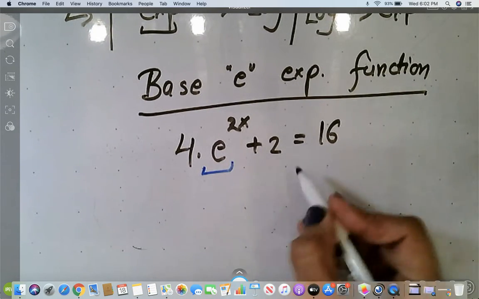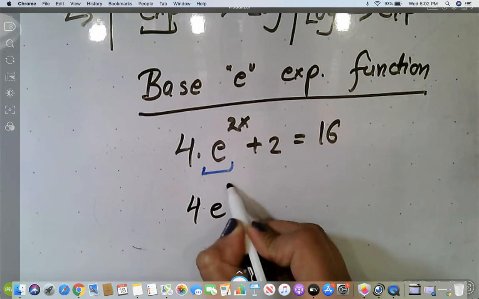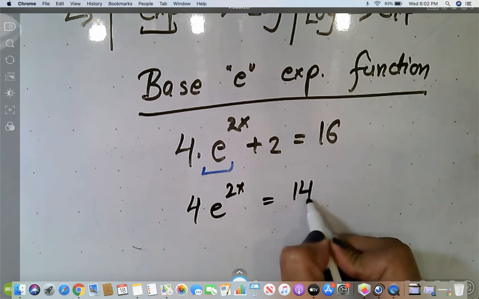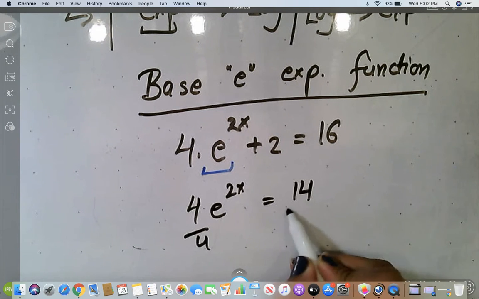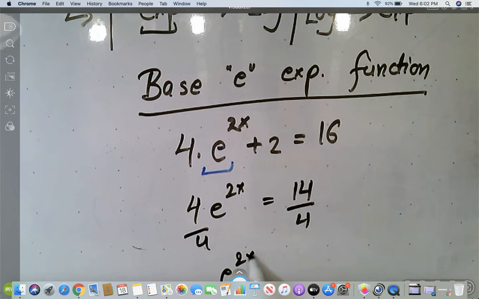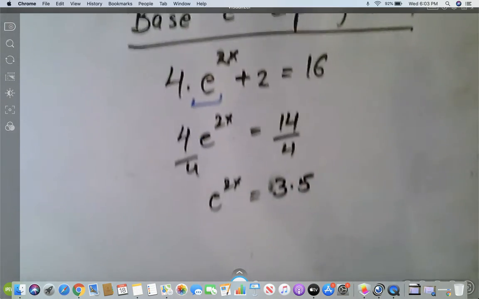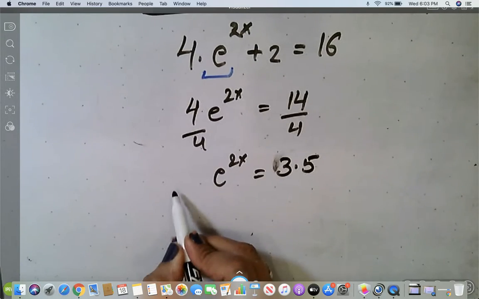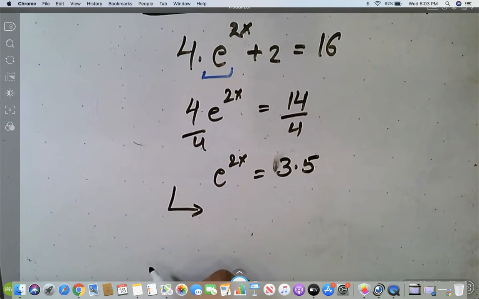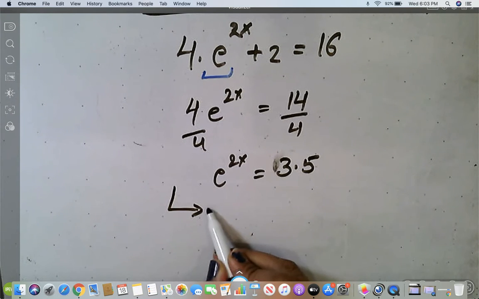So I would take away 2. This becomes 14. All right, divide by 4. 14 divided by 4 is 7 over 2, or I'm just going to say 3.5. So either way. Okay, now time to switch. I hope you remember, if it's base e, we switch it to natural log, which is ln.